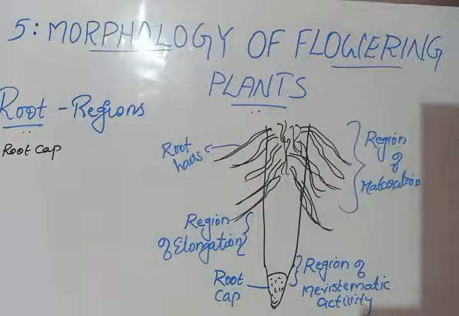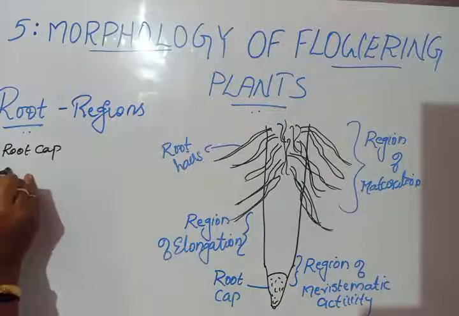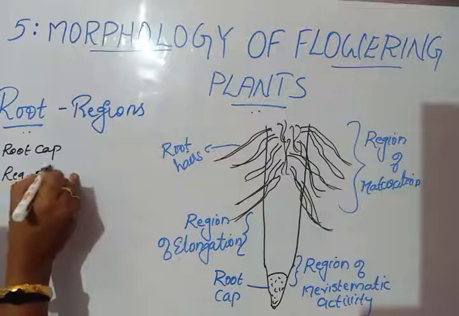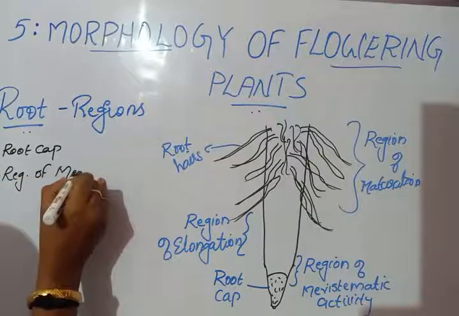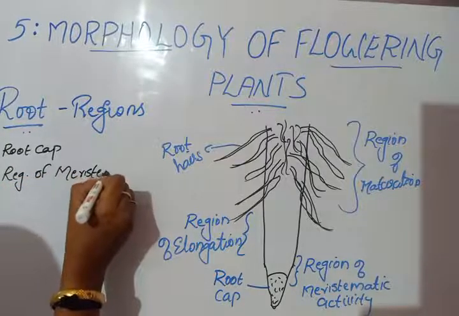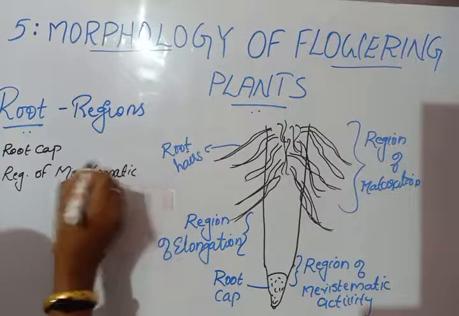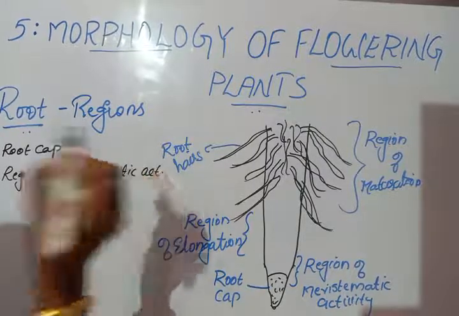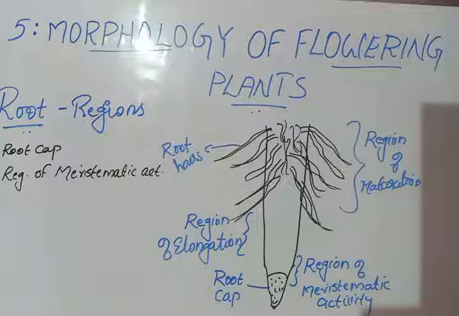Then the second one is the region of meristematic activity. What happens in this region? The cells present in the region of meristematic activity have the ability to divide.